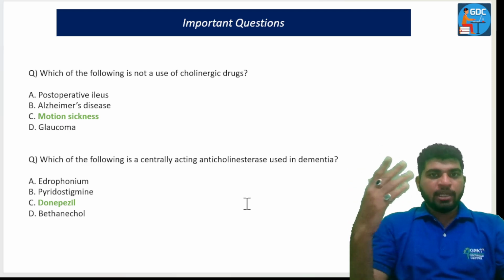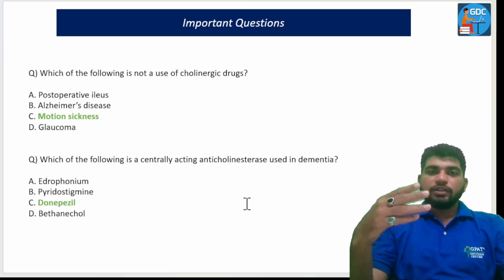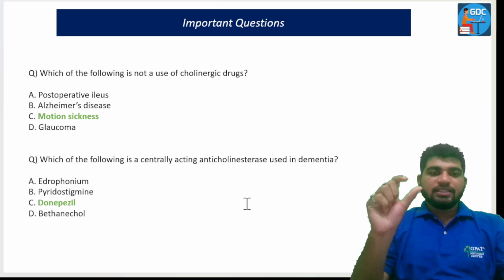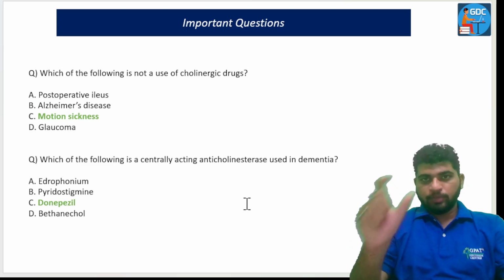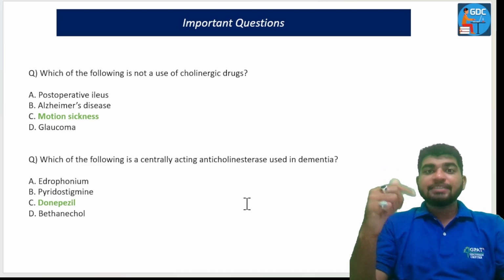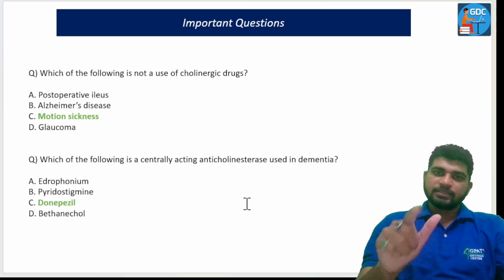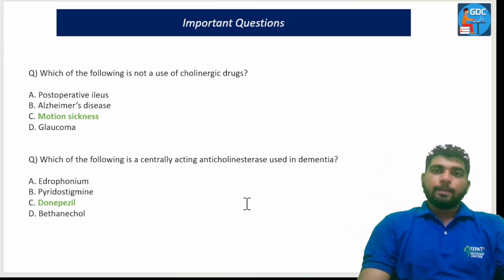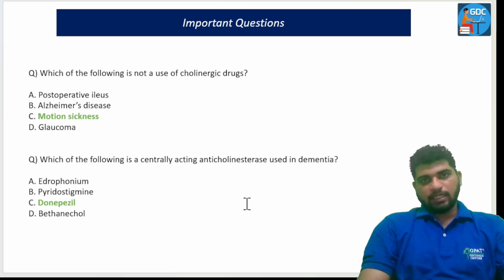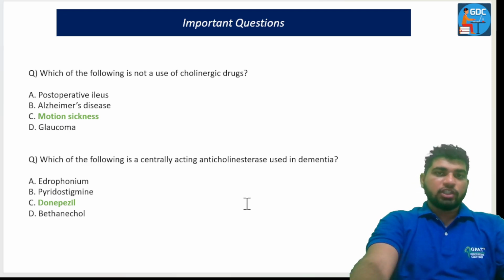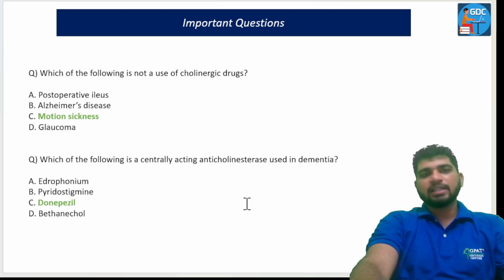Donepezil has lipid solubility because of the tertiary amine group present in its structure, which reflects its centrally acting anticholinesterase activity. So because of the tertiary amine group, donepezil acts as a centrally acting anticholinesterase drug used in dementia or Alzheimer's.